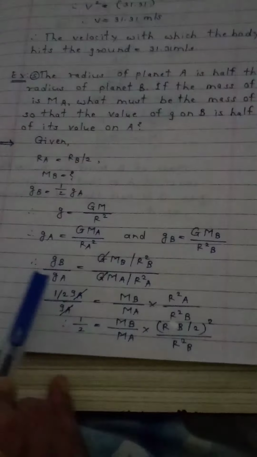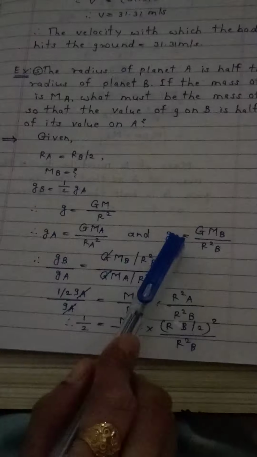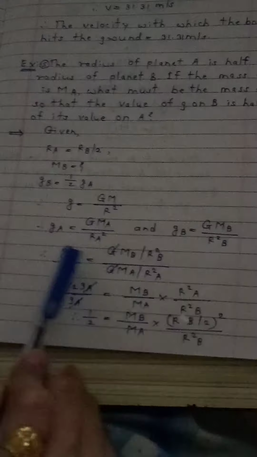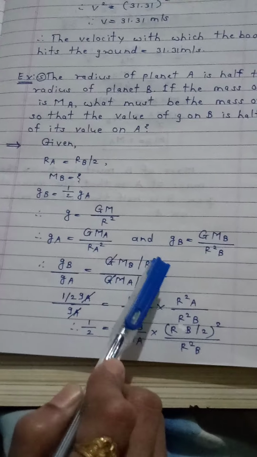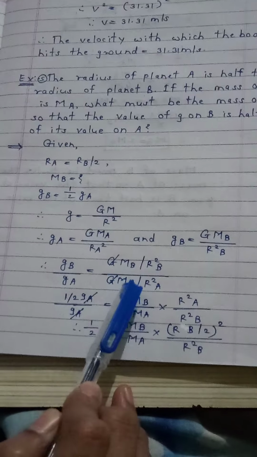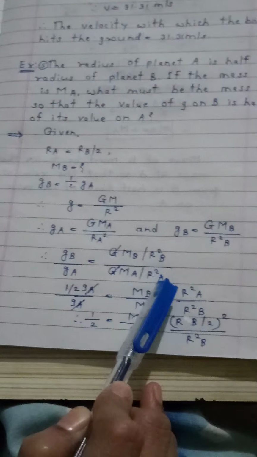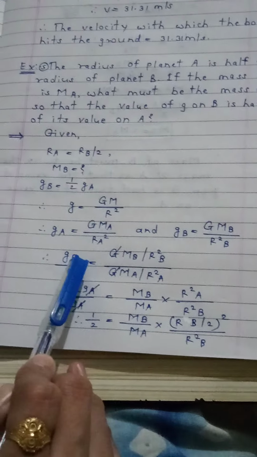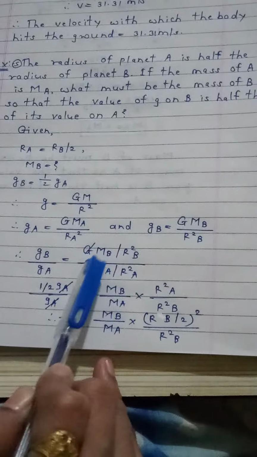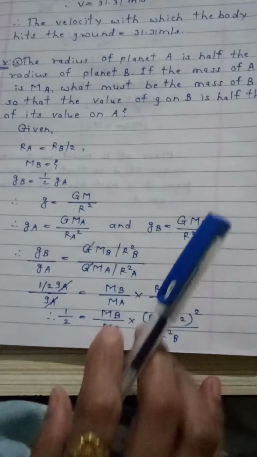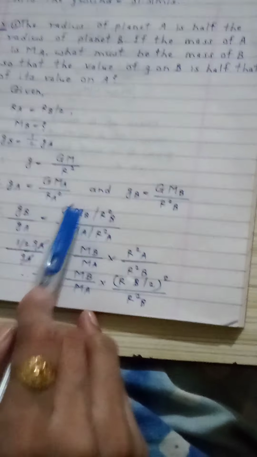Therefore we will divide them, that is gB upon gA is equal to G MB upon r square b, upon G MA upon r square a. Now here gB will be half gA, and G, the universal gravitational constant, will get cancelled.